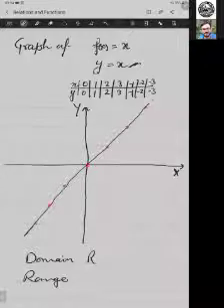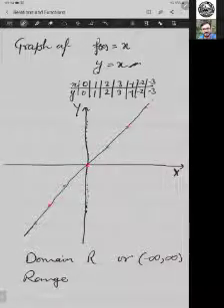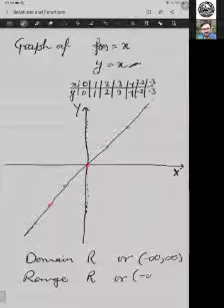That means we can put -infinity to infinity. Now for range, see, on the y-axis also each value is used, such as 0.1, 0.2, -0.1, 1, 2, 3, 3.5, 4.5, everything. So the range will also be real numbers, or -infinity to infinity.